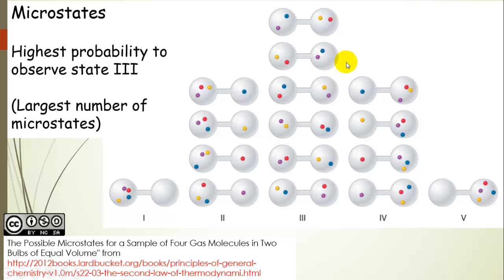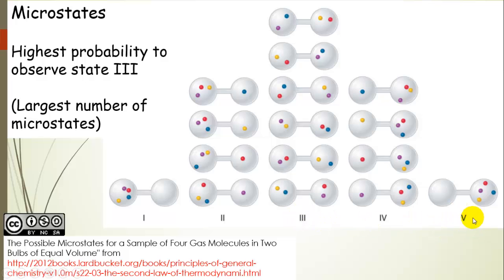And then finally switch the partners one more time. So we have yellow with red this time, blue with purple, and then again just swap the bulbs and we have another microstate. So here is the most probable. This is most likely that the particles will end up in a configuration in this category 3, okay?